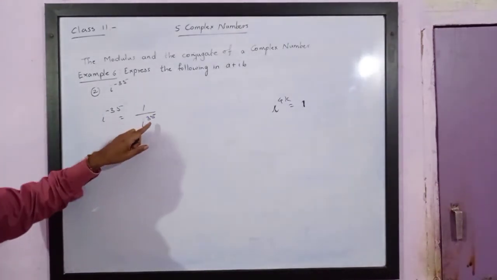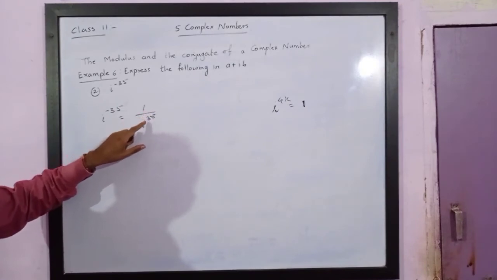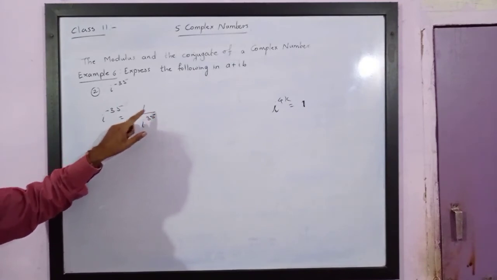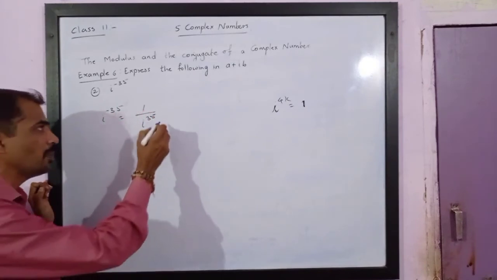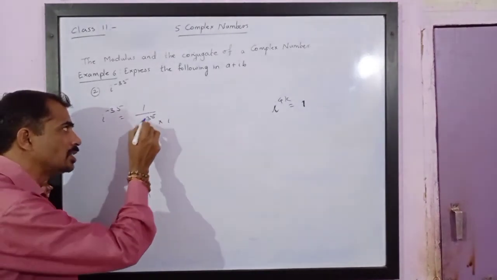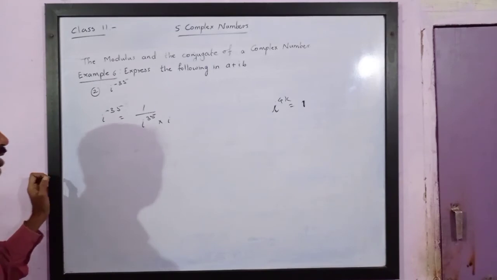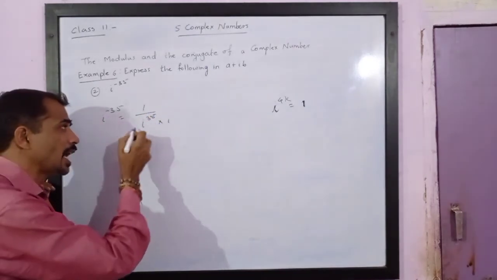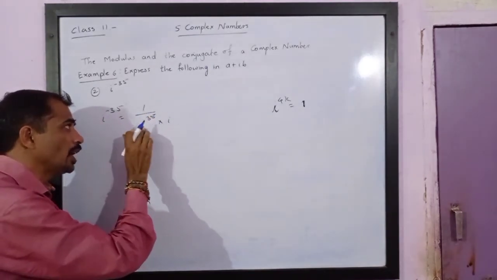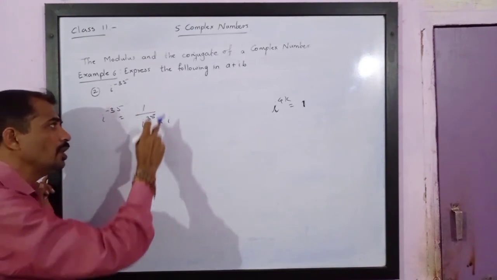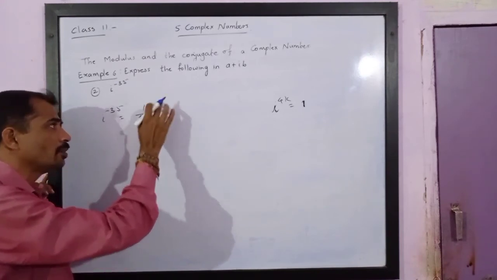In order to get the power as a multiple of 4, if we multiply this by i, we get i raised to 36. i raised to 36 is i raised to 4 into 9, which is a multiple of 4. So to get this as 36, we multiply numerator and denominator both by i.